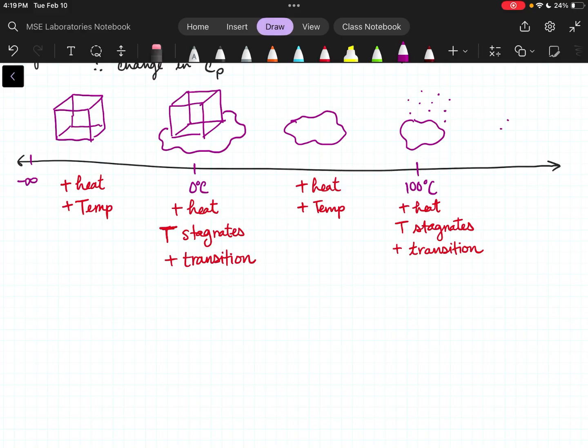And then up above it, I have just steam, and ignoring the fact that plasma is technically a thing, we can go up and up in temperature, and steam is just going to continue being steam. It's just going to be really hot steam. This is the reason why steam burns are so much worse than water burns, because steam can get so much hotter than water can. So be careful when you're opening the pot lid to your mac and cheese.